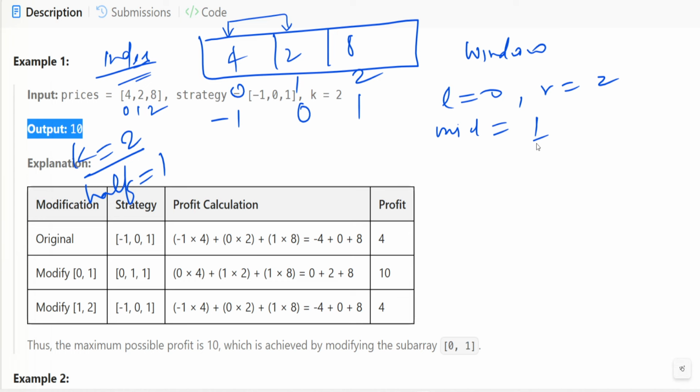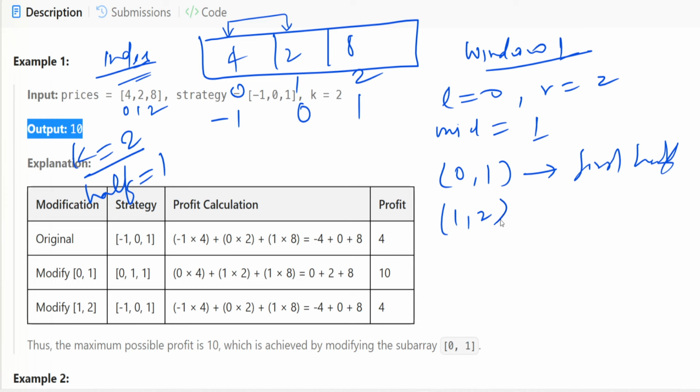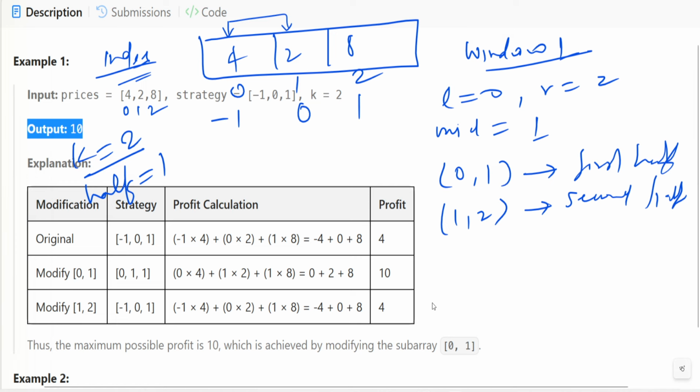So when we are taking the current window, let's say window 1, we are talking about 0, 1. So 0 and 1 is the first half, and 1 and 2 is the second half.